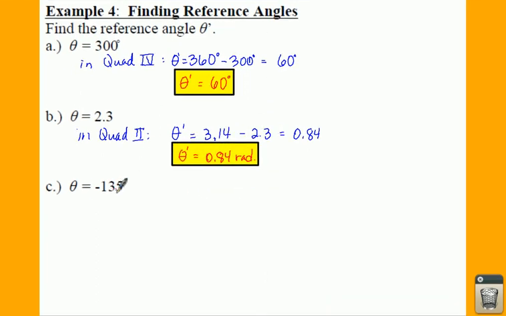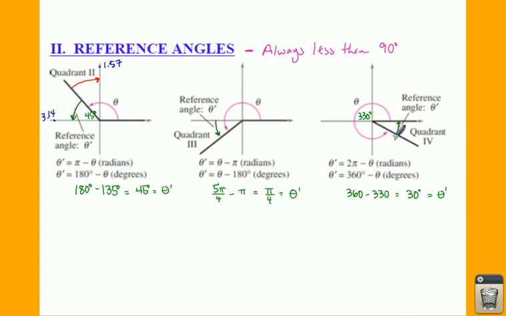Now finally, for 4C, if you're at negative 135, if you have a circle, you're going in the negative direction, well, this would be negative 90, this would be negative 180. Is negative 135 between negative 90 and negative 180?